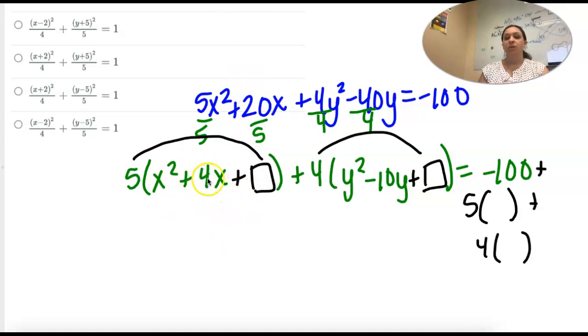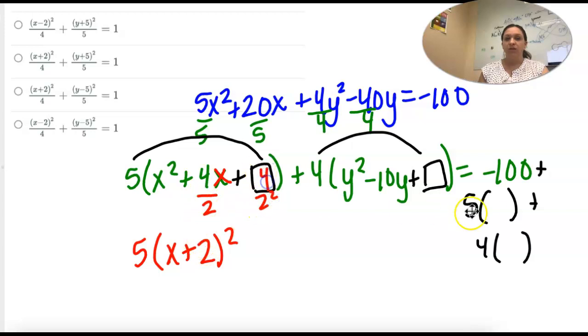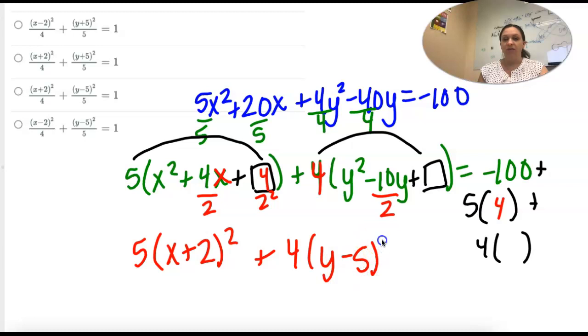So you take the middle term, divide by 2, so we have 5 times x plus 2 squared, and that number 2 squared goes here, that's 4. Divide by 2, I'm going to bring down this 4. Y minus 5 squared. -5 squared is 25.